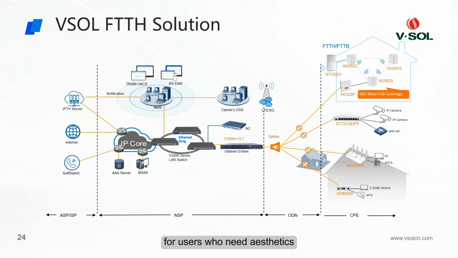For users who need aesthetics, they can choose the HG322P embedded in the wall, paired with the HG5033 router, to fully cover the entire house with Wi-Fi signal and enjoy Internet services no matter where they are. Some households require monitoring installation and ICT3110 DPS can be installed.